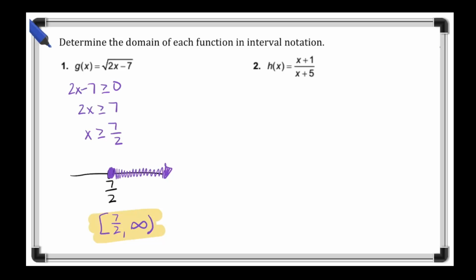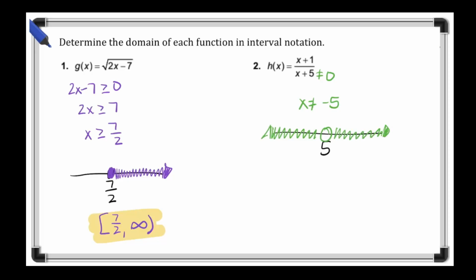In number 2, you have a rational function, so that means the denominator cannot equal 0. When I solve that, I see that x cannot equal negative 5. So x can be all the numbers. If I have my number line, here is negative 5. x could be everything, it just cannot be negative 5.